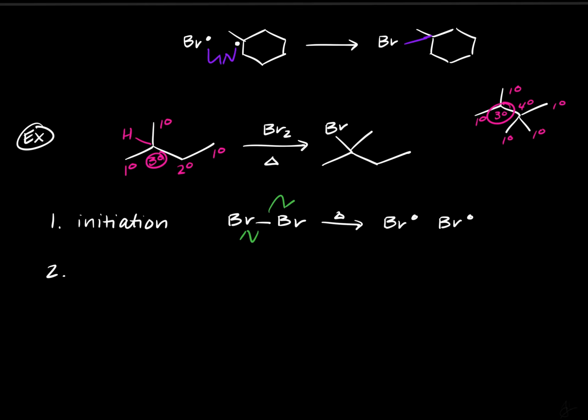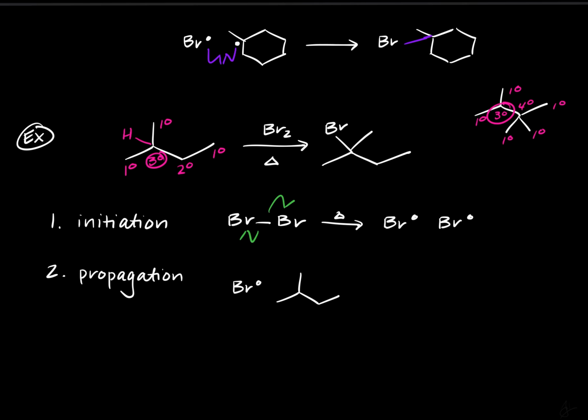The second step is propagation. We'll take that Br radical and our carbon structure. We haven't formed the carbon radical yet. And we will make hydrobromic acid and a carbon radical.